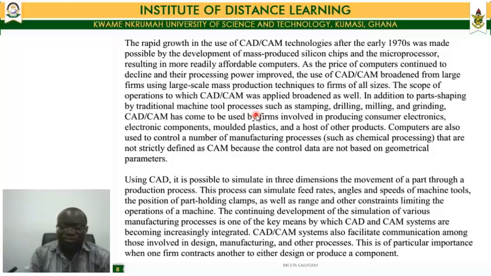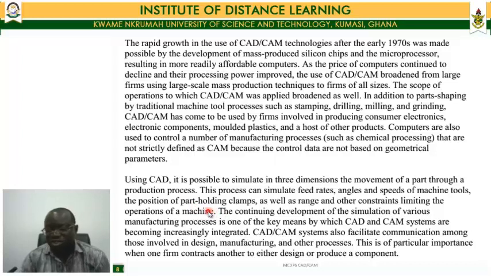Now, the scope of operation of this CAD/CAM broadened as well, because apart from just part shaping by the traditional tools such as stamping, drilling, and all that, CAD/CAM has also been used by firms involved in producing consumer electronics and components, like molded plastics and a host of other products.